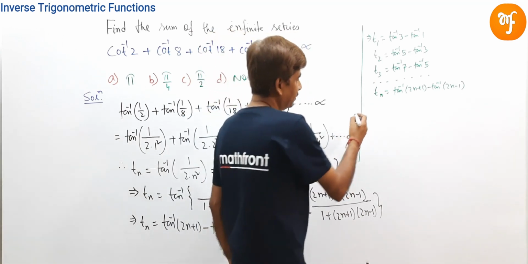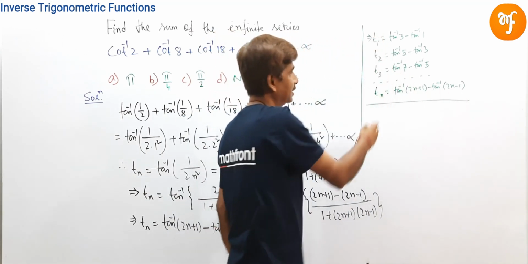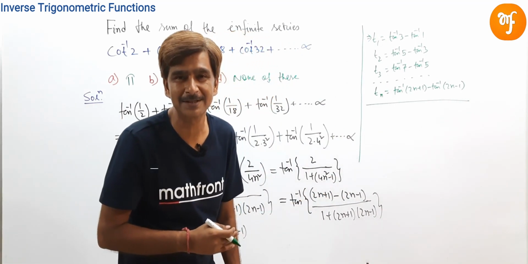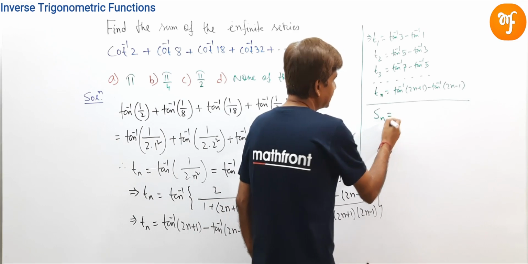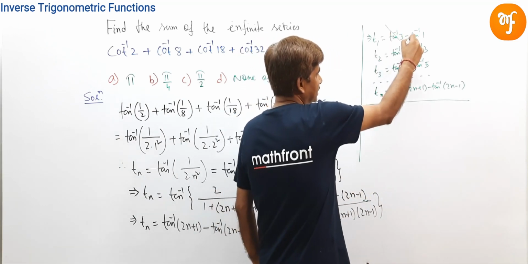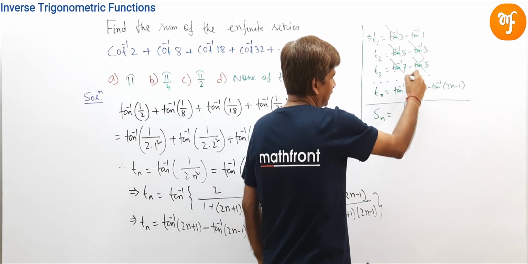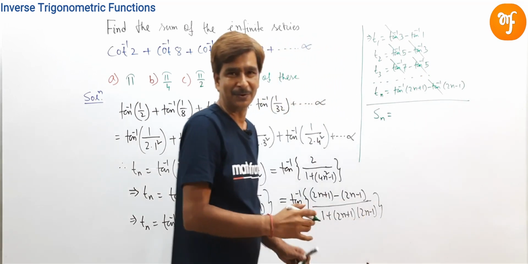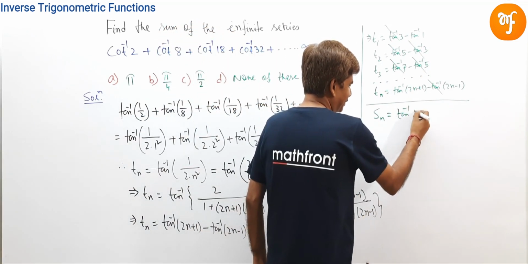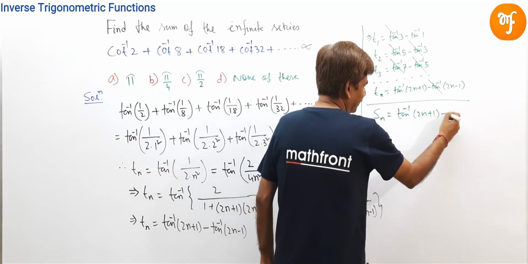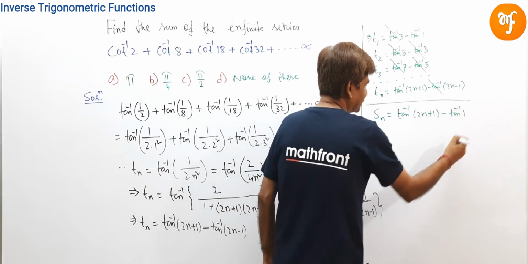Now if we add, T1 plus T2 plus T3 plus dot dot till Tn, that is Sn, we can cancel tan inverse 3, tan inverse 5, tan inverse 7 like this. What remains is tan inverse of 2n plus 1 minus tan inverse of 1.